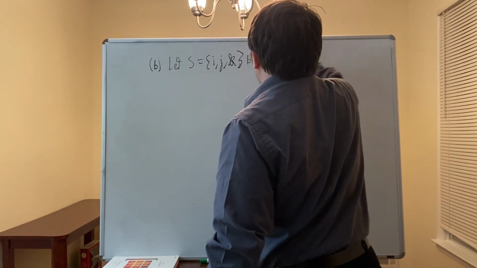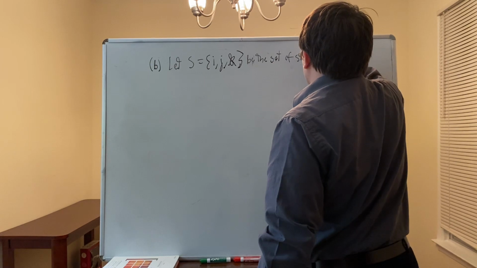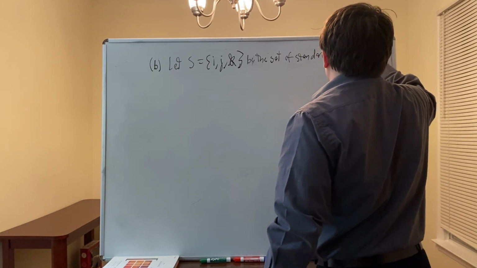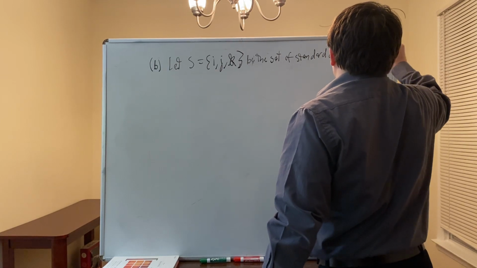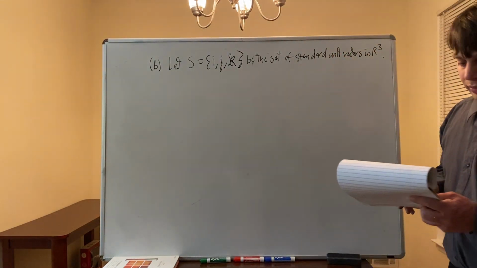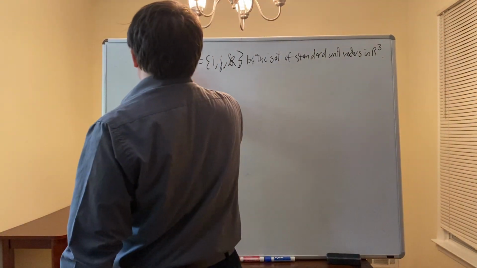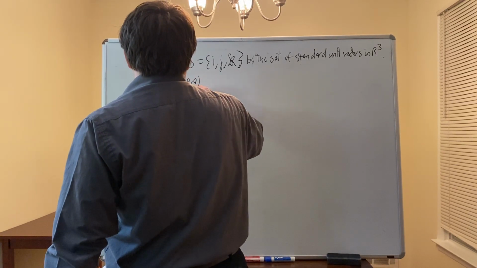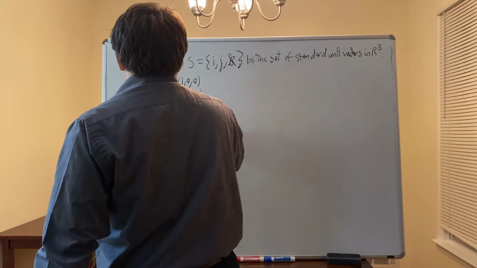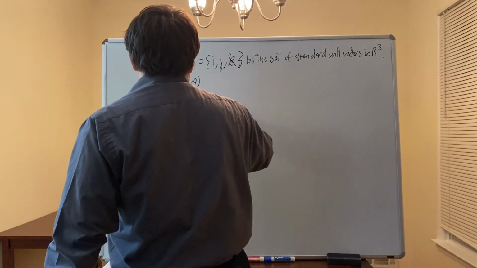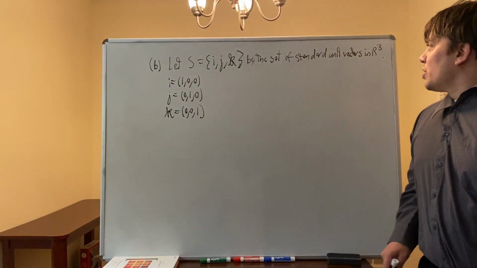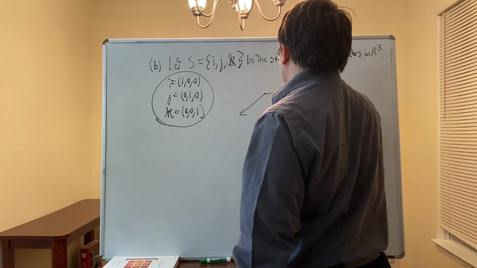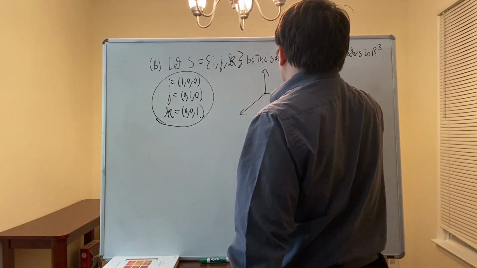Let S be the set of standard unit vectors in R3. Remember those vectors are i equals 1, 0, 0, j equals 0, 1, 0, and k is equal to 0, 0, 1. Those are the standard unit vectors of R3, the unit vectors in the positive direction of the coordinate axes of R3.